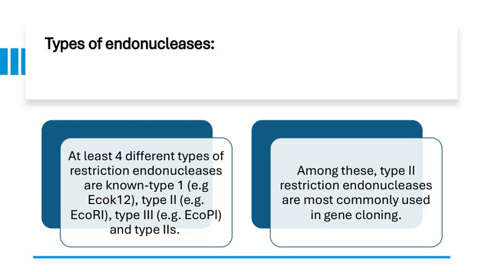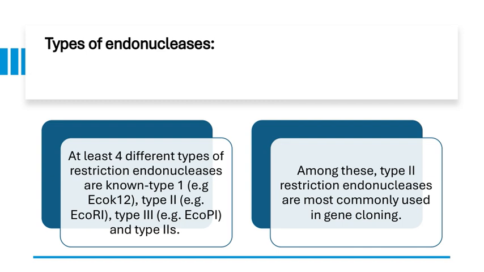Let's take a closer look at the different types of endonucleases. These enzymes are crucial tools in molecular biology because they can cut DNA at specific sites. The main types we deal with are restriction enzymes, which recognize particular sequences in DNA and cleave at or near these sites. These are incredibly useful for genetic engineering and cloning.